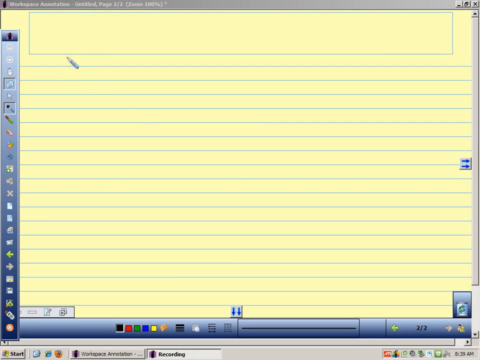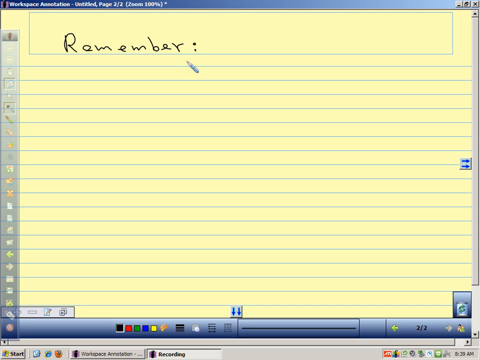Some reminders. We want to remember our other rules for logarithms. We're going to use those as we solve these equations. Just because we're solving equations, we don't want to forget our other rules.